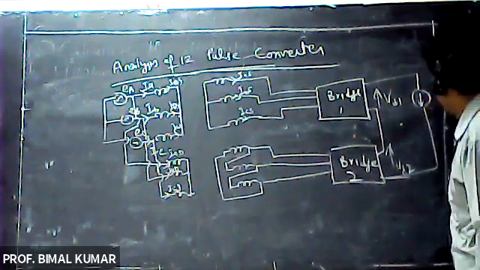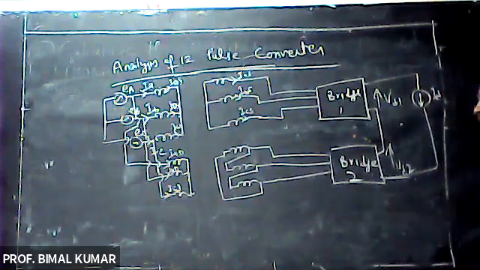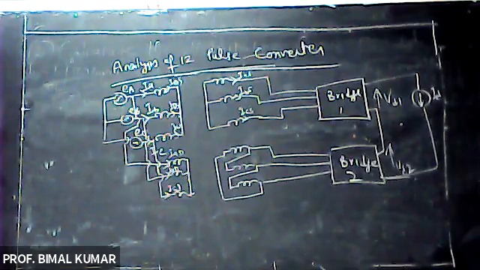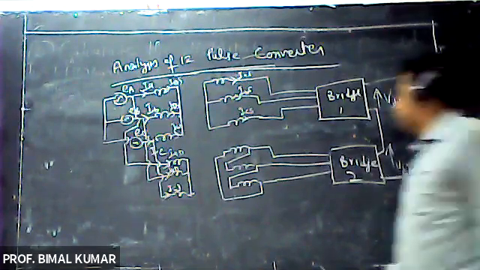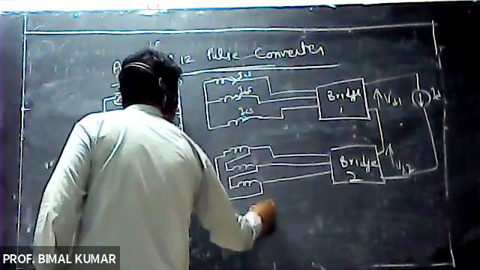So here you will get ID. This is the connection diagram for the 12 pulse converter.